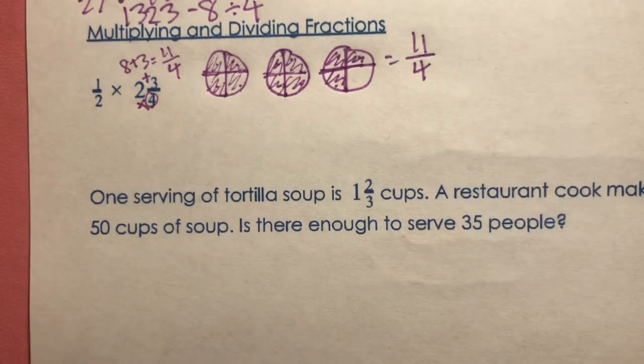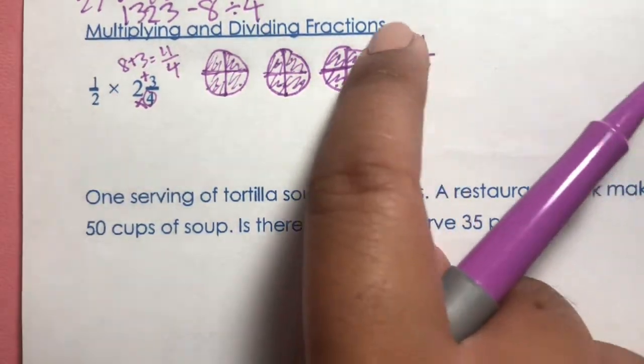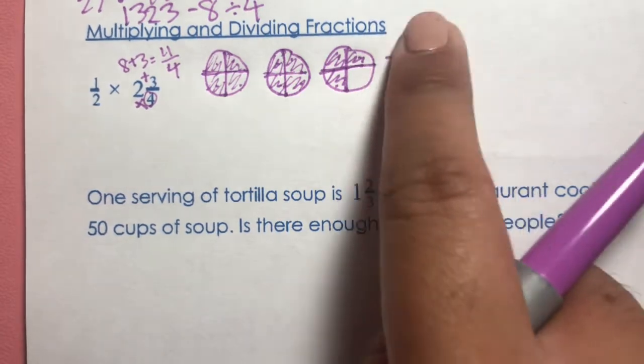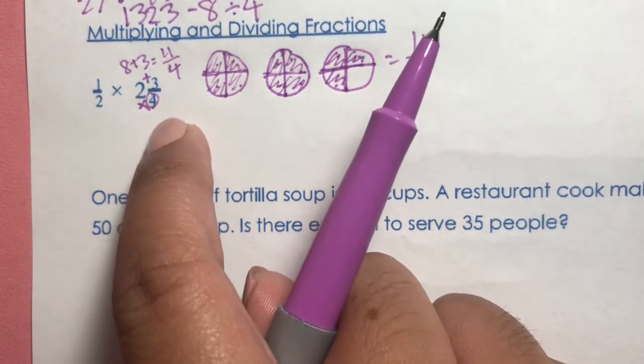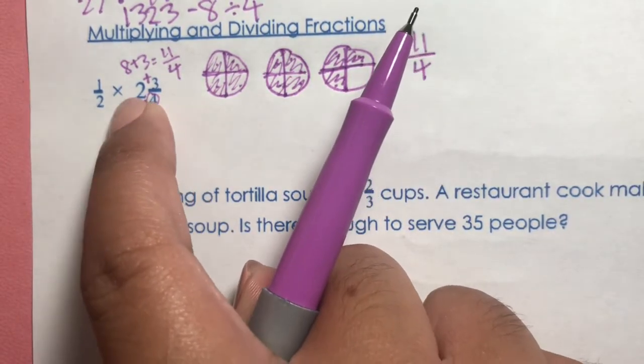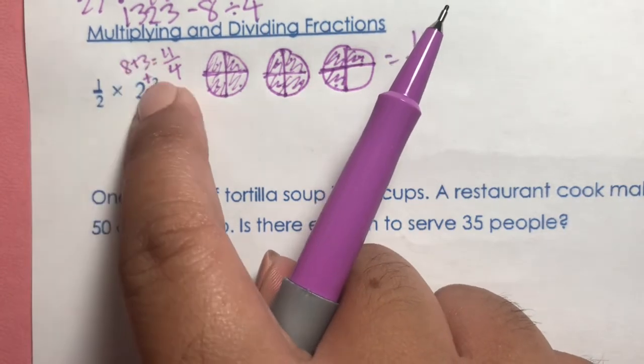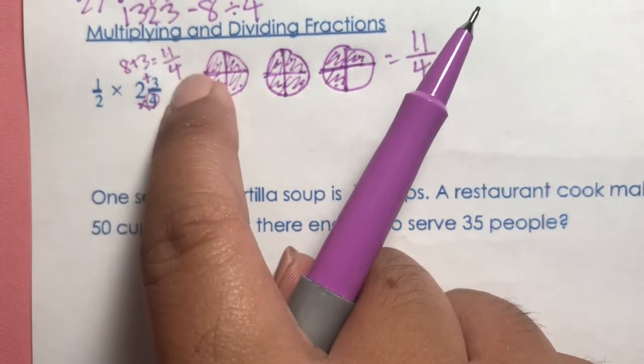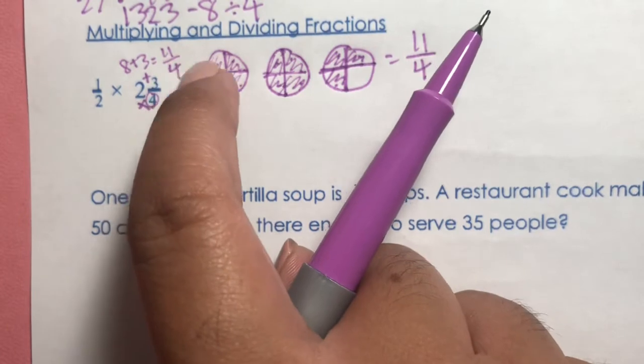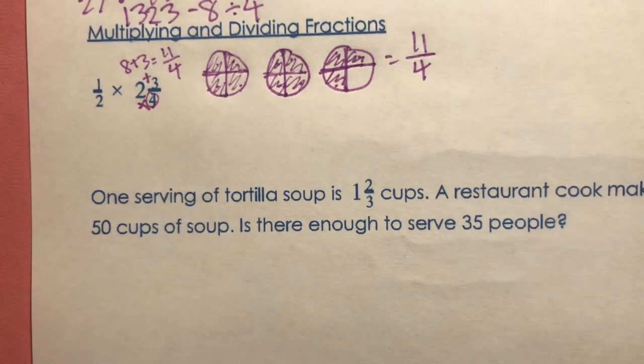So whichever way you prefer doing it, whether you draw out the picture, or multiply the denominator and the whole number, plus the numerator, and use the same denominator, that is totally fine.